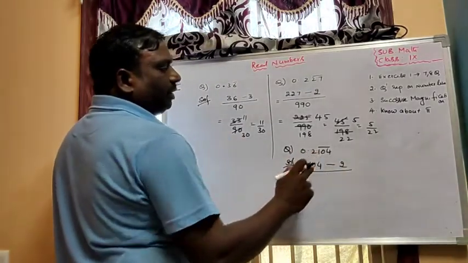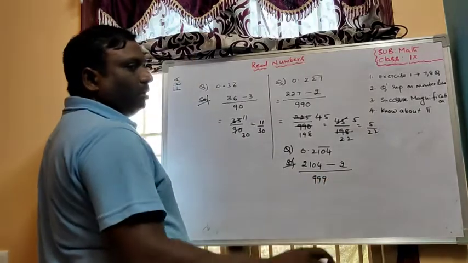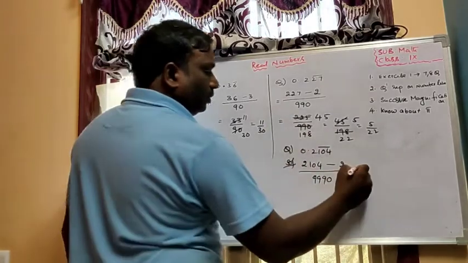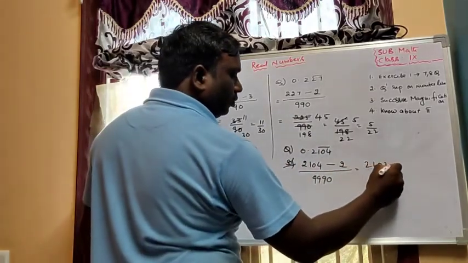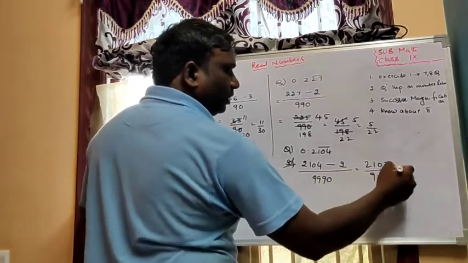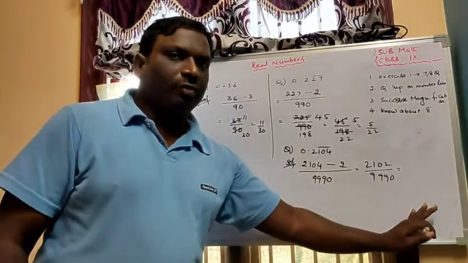How many digits are repeating here? Three digits, that's why three 9s. Non-repeating digits are only one digit, that's why followed by 10. So 2102 by 9990. Do the cancellation; the reduced form is the final p by q form.